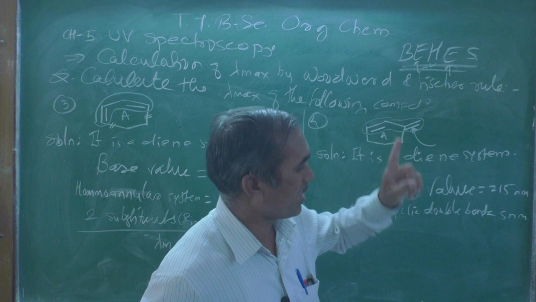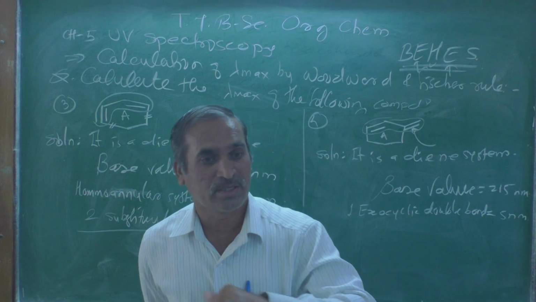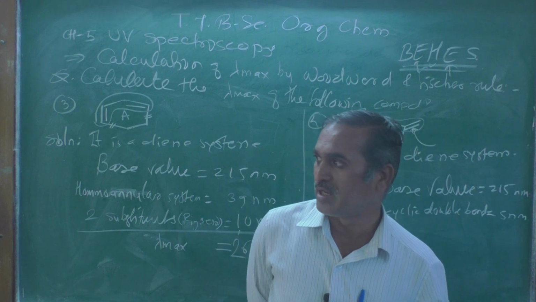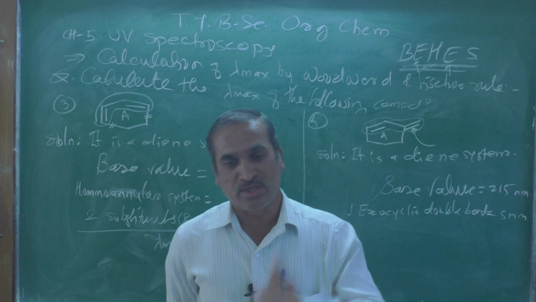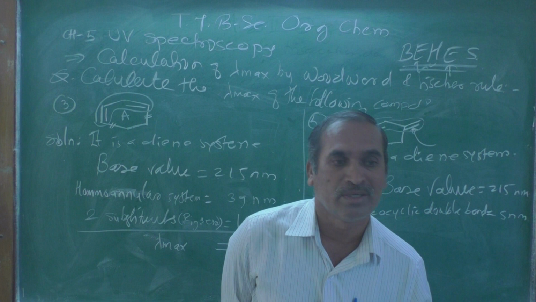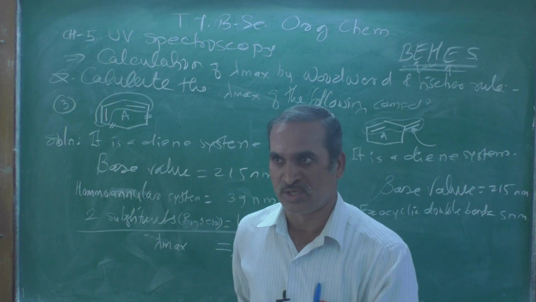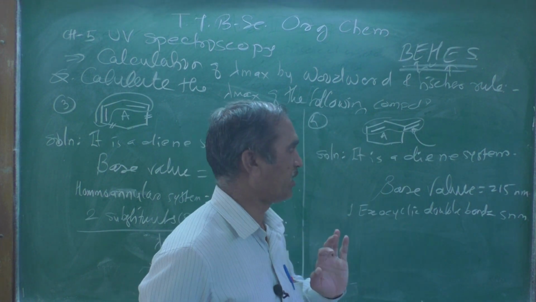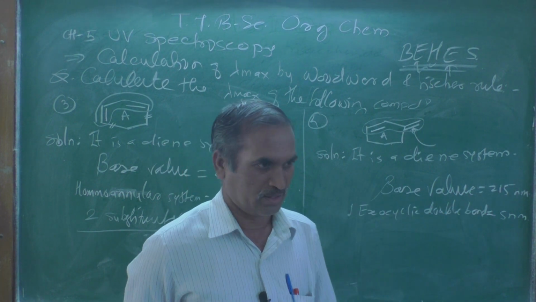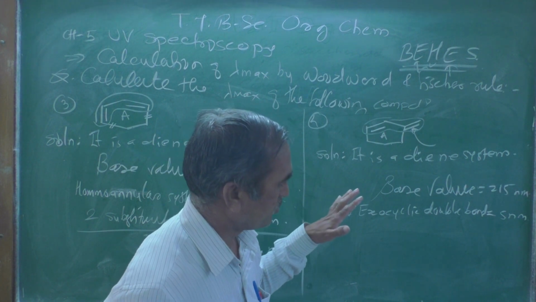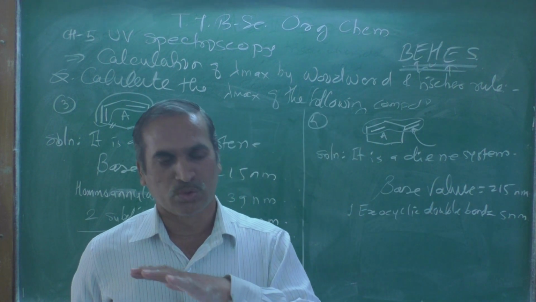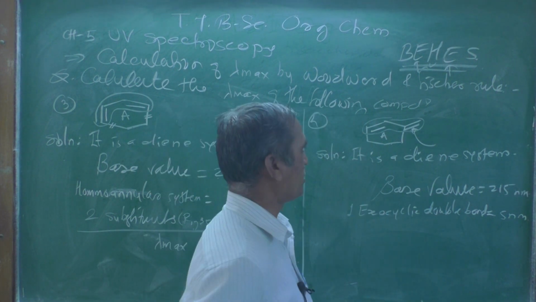There is a diene system, but only one double bond is present in the ring, and one is outside the ring, so this compound does not have a homoannular system. So there is no need to write it. Some people write it as 0 nanometer, but the better way is not to write it while adding.